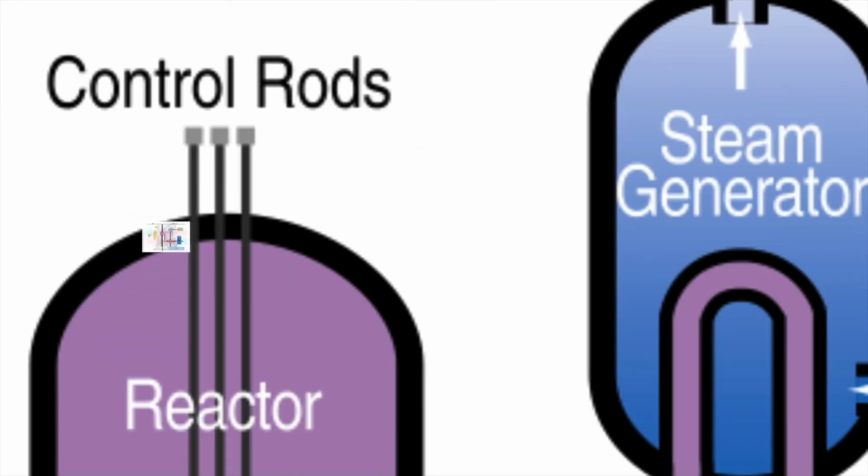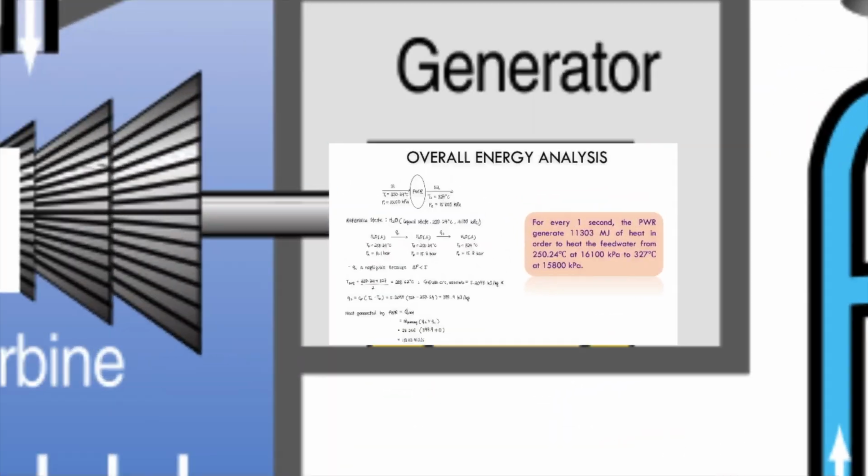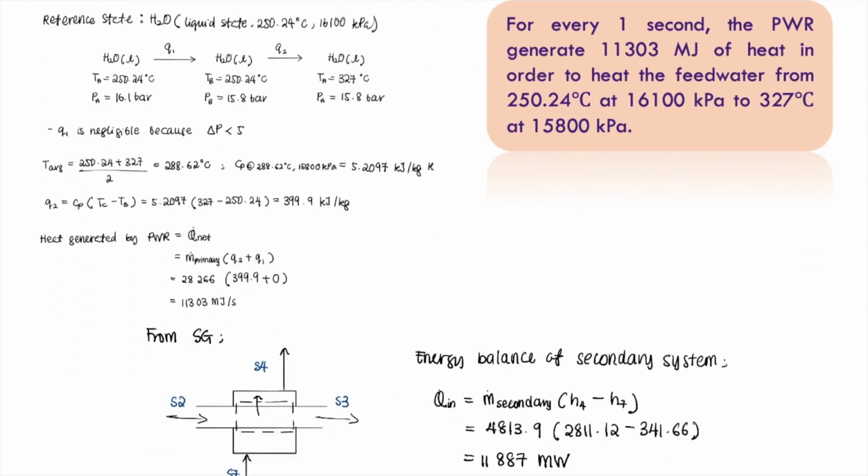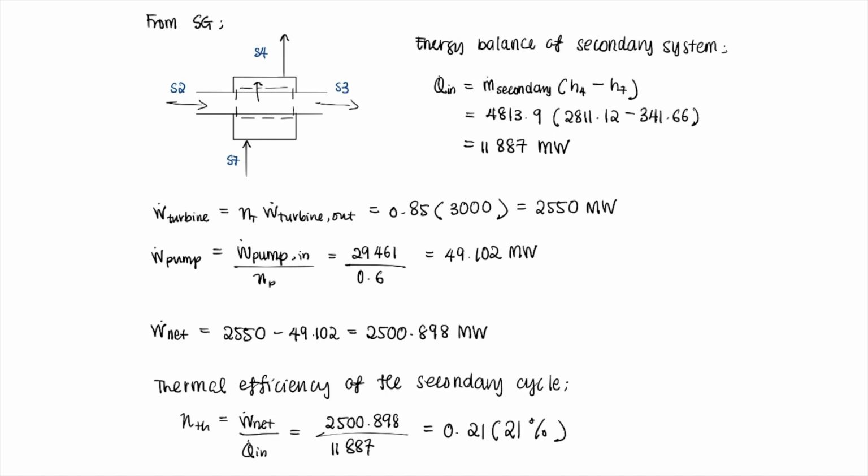For the overall energy analysis, we can find that in order to heat the feed water from T1 to T2, the PWR generates 11,303 megajoule of heat every 1 second. For the secondary cycle, we can find that they receive 11,887 megawatt of heat from the steam generator.